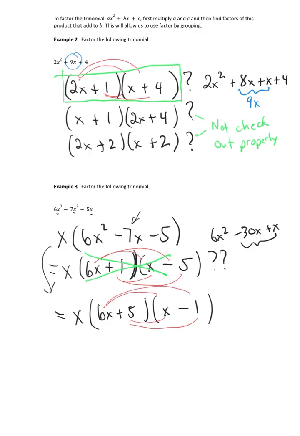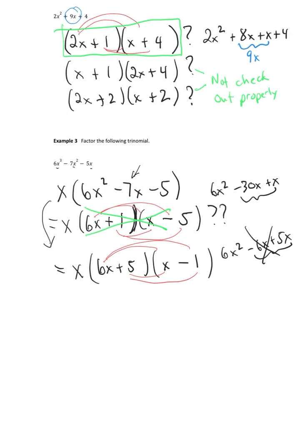This is just how you do these. 6x times x, that's fine, 6x squared. 6x times negative 1 would be negative 6x. And then 5 times x would be plus 5x. And actually right there, I can see that's not giving me negative 7 again. All right, so that's not working. I'm thinking the 6x and the x are the problem. So let's cross that one out. Go back to the drawing board again.